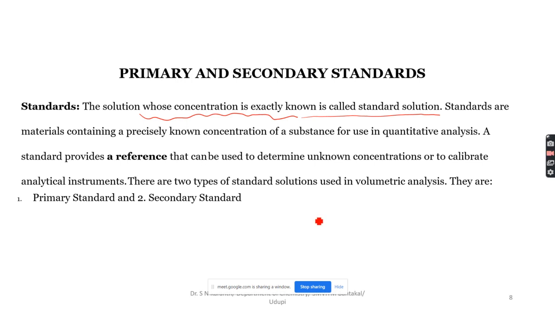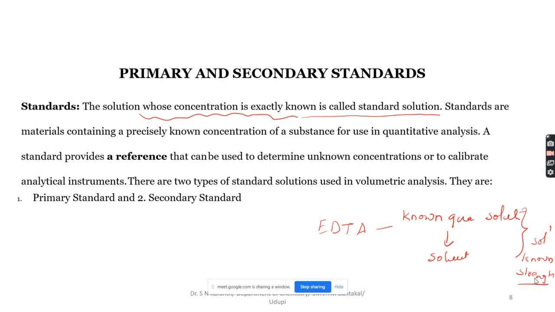The standards are materials containing a precisely known concentration of a substance for use in quantitative analysis. Like in the preparation of hard water, you are preparing a standard EDTA solution. To prepare a standard EDTA solution, you are taking a known quantity of solute EDTA that is dissolved in solvent to produce a solution of known strength.